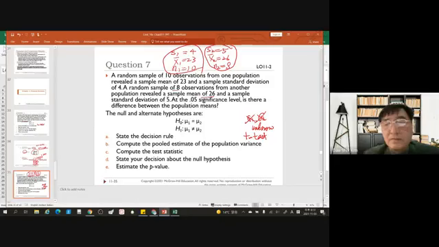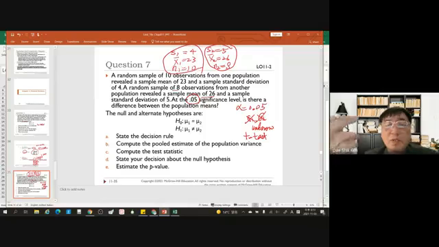The variance is unknown, but whether equal or unequal, we need to check it. Significance level alpha is 0.05. Is there any difference between the population means? So equal or unequal variance, we need to find out.